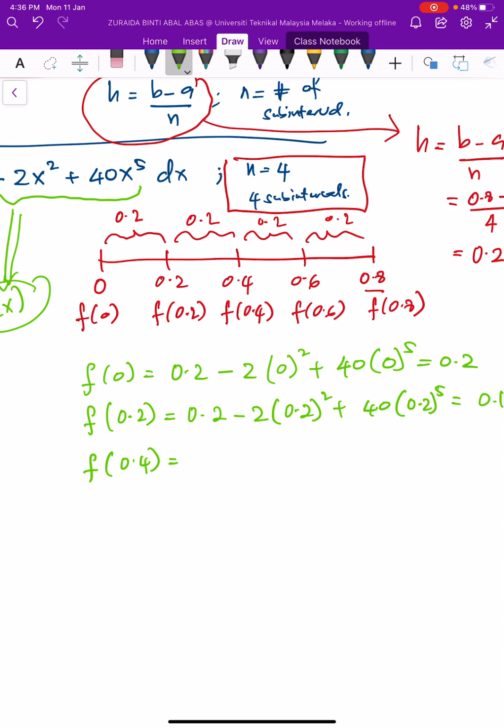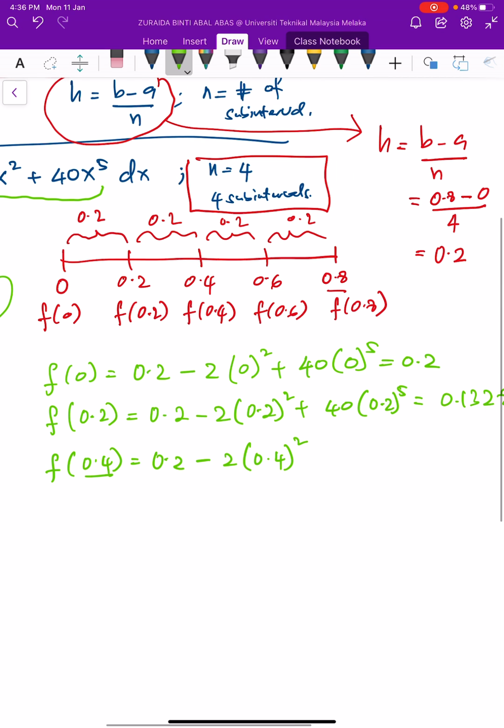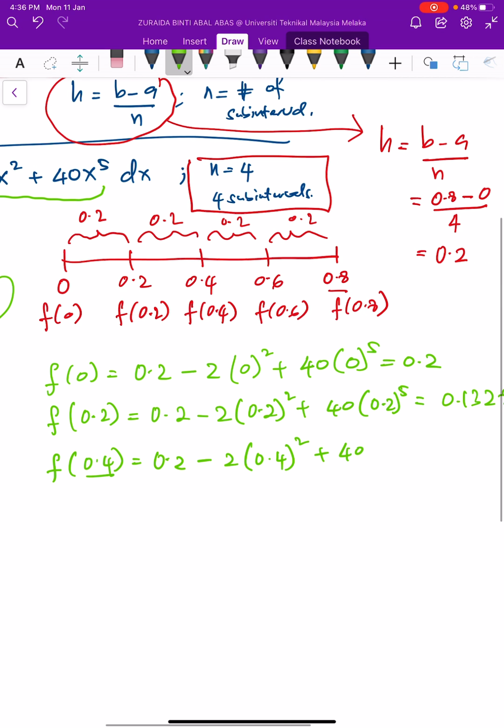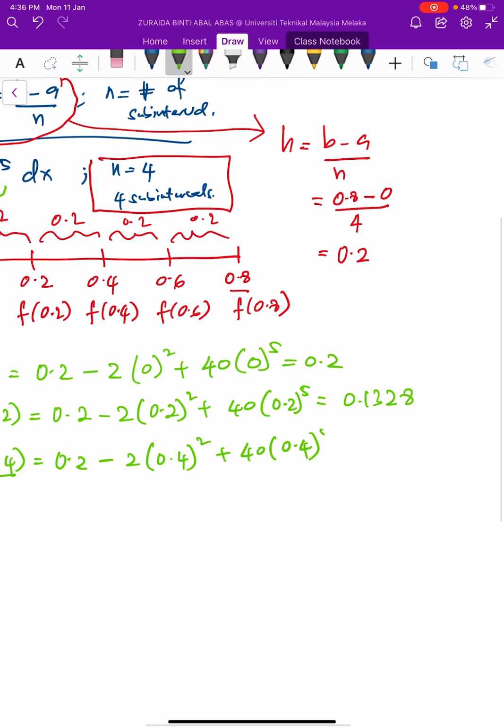Next is f(0.4). Then this one is 0.2 minus 2 times, sorry, this is supposed to be 0.4 to the power of 2 plus 40 times 0.4 to the power of 5. This is a repetitive task actually, if you see it.